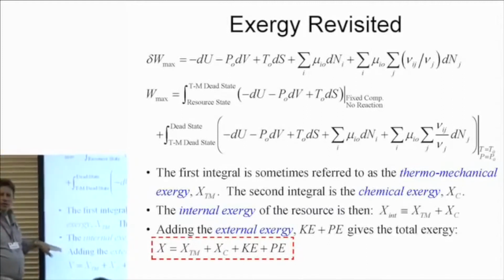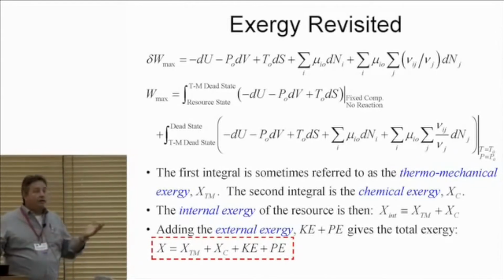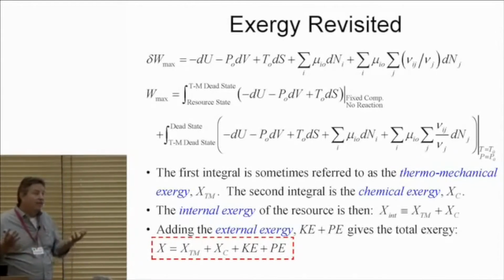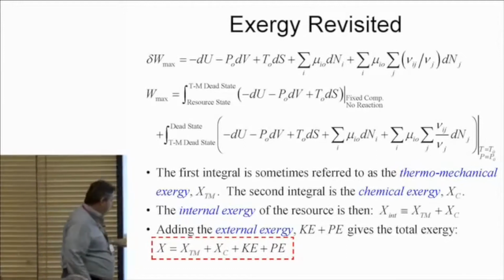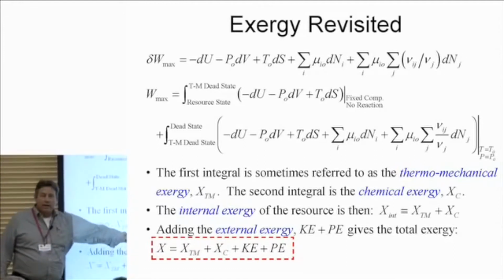But don't forget that there's also external or macroscopic exergy from the conservative forms of energy, kinetic energy, potential energy, those that are completely convertible to work. And all the versions of potential energy, not just gravitational, electrostatic, any of the forms, strain energy, elastic strain. So all of those have to be included. So our exergy will be thermomechanical, chemical, and any conservative forms.